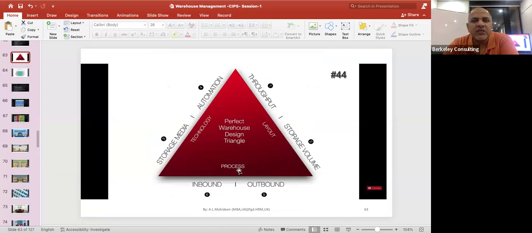And process, inbound, outbound. So things are going in and out, storage facilities and automations. So everything should be there using the technology. So technology will be there, layout will be there, process will be there. So altogether, warehouse management will be there. Okay.